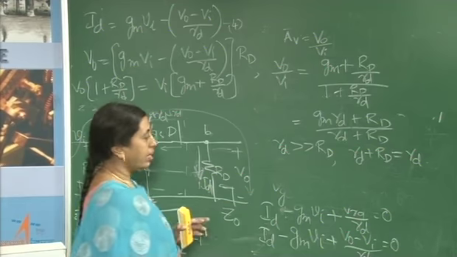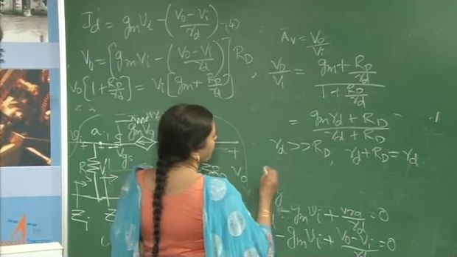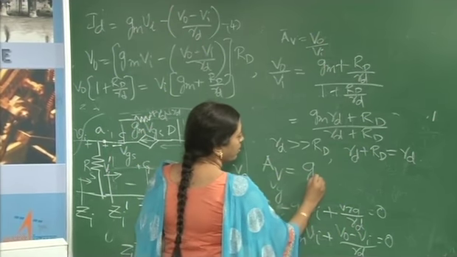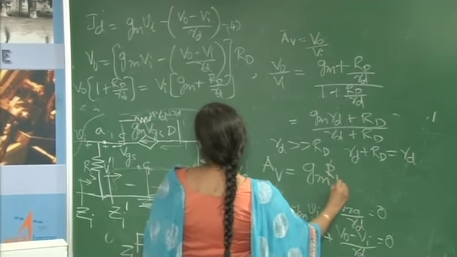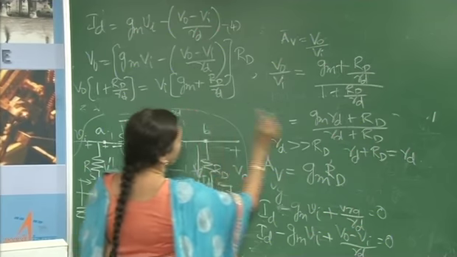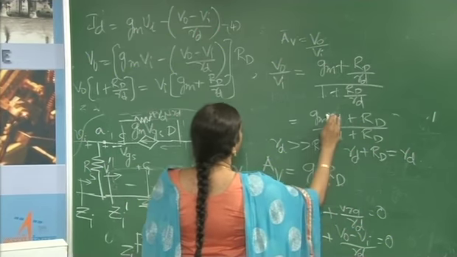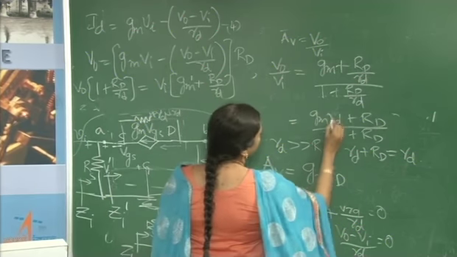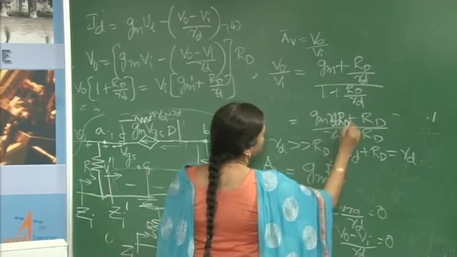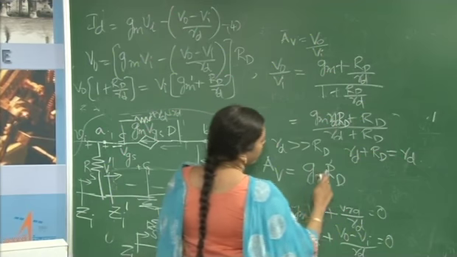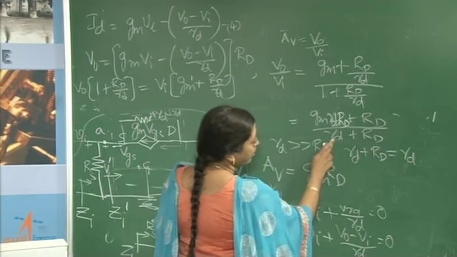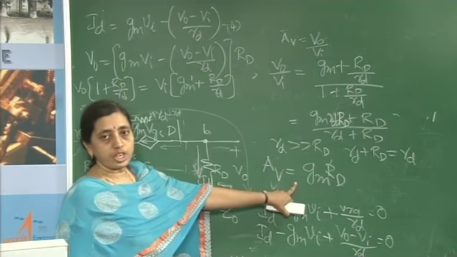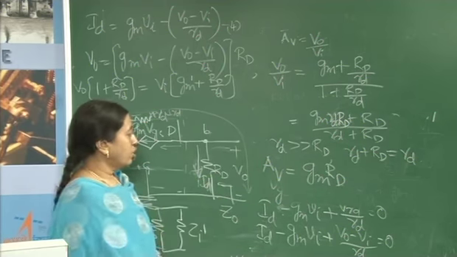Under this condition, we can write Av to be gm into rd. This rd I have missed out, gm into rd it is. So you will get rd into rd, gm rd, and this rd gets cancelled with the denominator term, so that you will arrive at gm into rd.